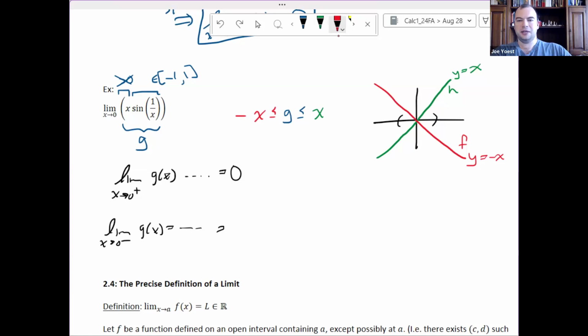The other approach I could take is I could take my upper function to be y equals absolute value of x, and my lower function to be y equals negative absolute value of x. I have some absolute values to mess with, but now I can knock the whole thing out without having to go to one-sided limits.